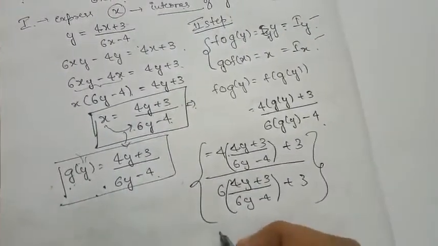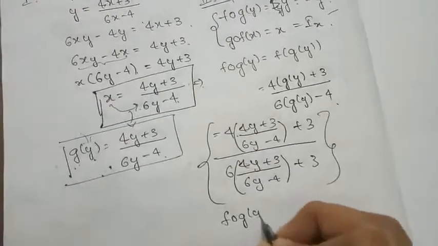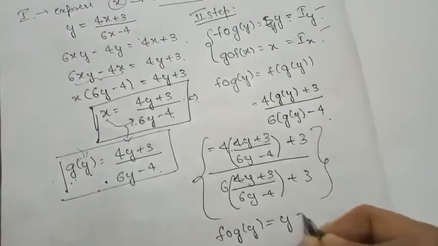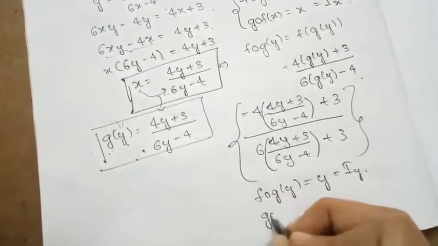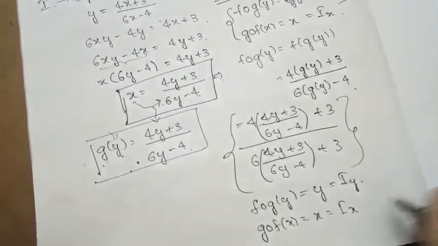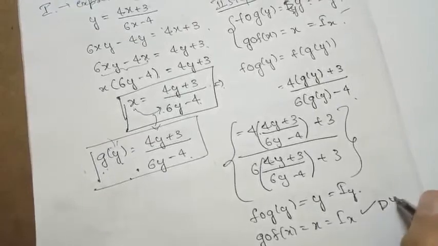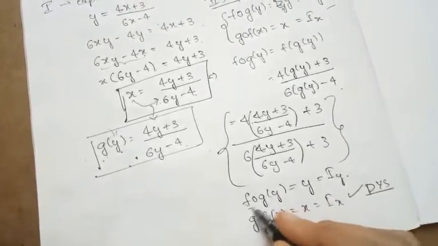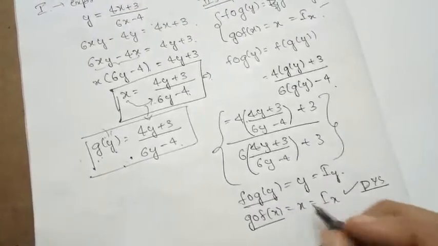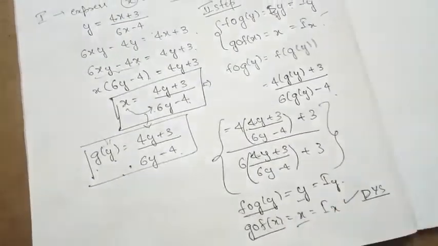After solving we get f of g of y is equal to y, which is nothing but iy. Similarly, g of f of x is equal to x, which is nothing but ix. Do this one by yourself. So we have shown g of f of x is equal to x and f of g of y is equal to y.